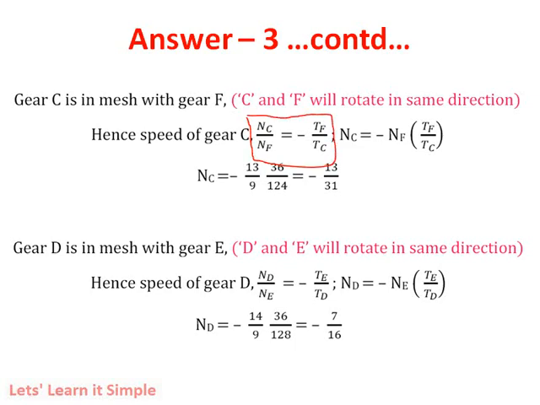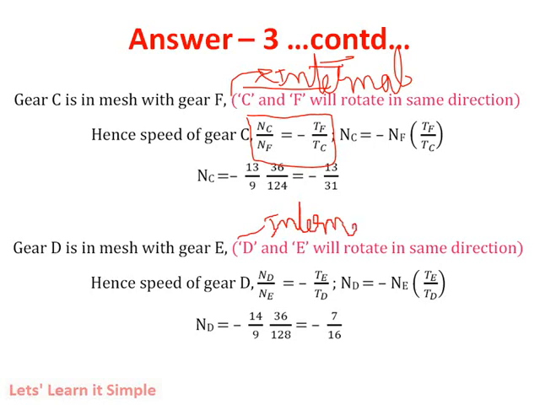Now, gear C and F will rotate in the same direction. Why? Because for internal gears, the speed of rotation will be the same direction. Here, gear C is internal. Similarly, gear D is also internal. So in terms of an internal gear, the meshing pair will rotate in the same direction.